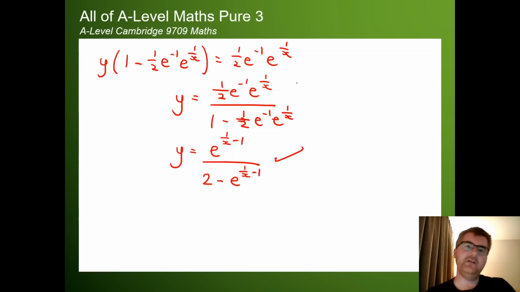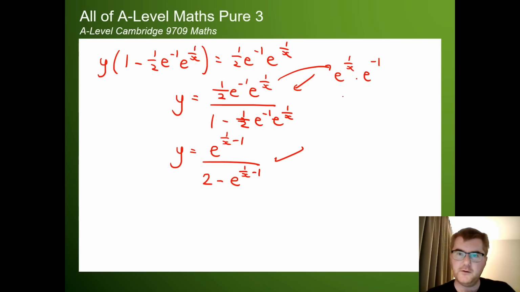It'd be interesting to see if they've kind of left it in this kind of form, whether they give you all 8 marks. But we're doing a little bit of tidying up here. So this part here, remember, e to the power of 1 over x times e to the power of minus 1. We're just adding the indices here, yeah? So we're just doing 1 over x minus 1. If you times top and bottom by 2 here, of course, that doesn't change anything.